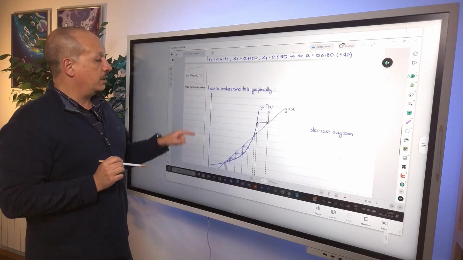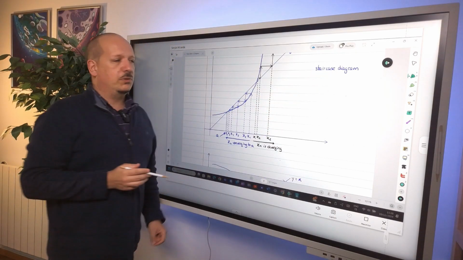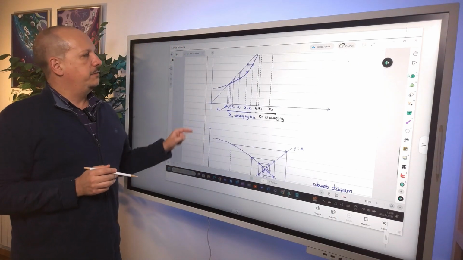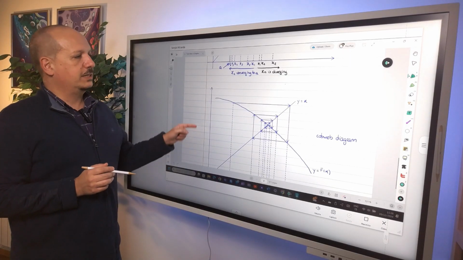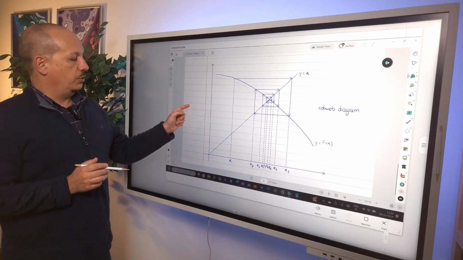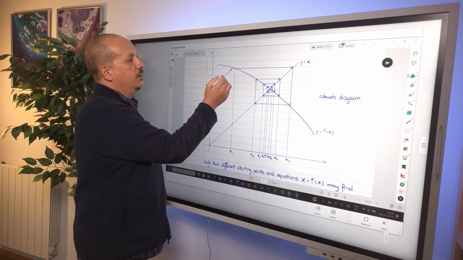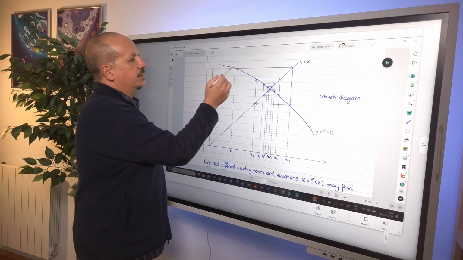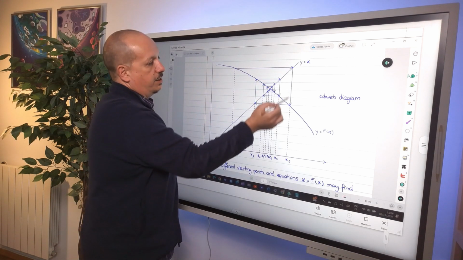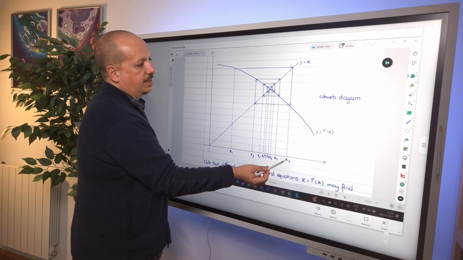There are other situations in which instead of having this stairway diagram for you to get the value of the root, you have something like this. This is called a cobweb diagram. So you would start with this value over here, f of x1 is this, then equal it to x, and that is going to be the value for your next attempt.